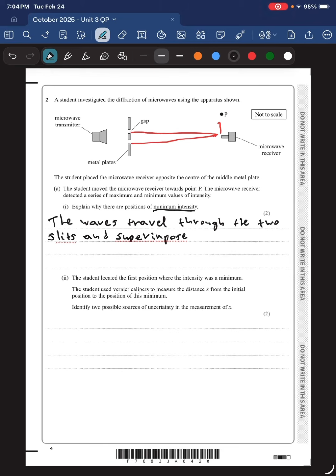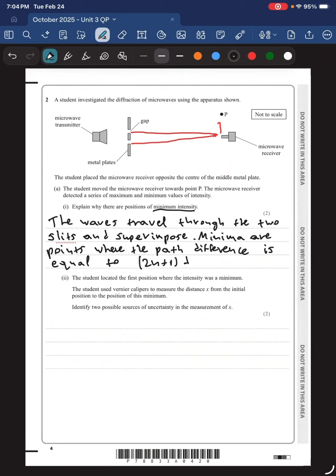Minima are points where the path difference is equal to 2n plus 1 times lambda over 2, where n is 0, 1, 2, etc.